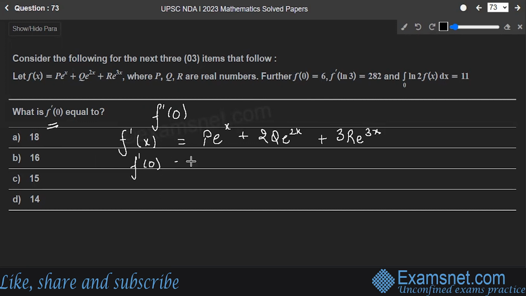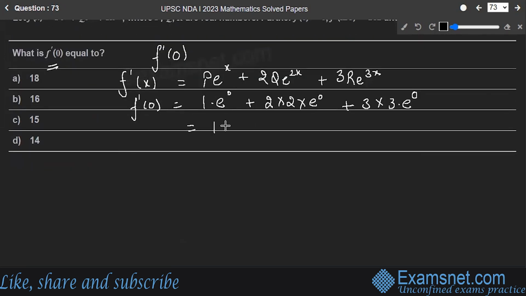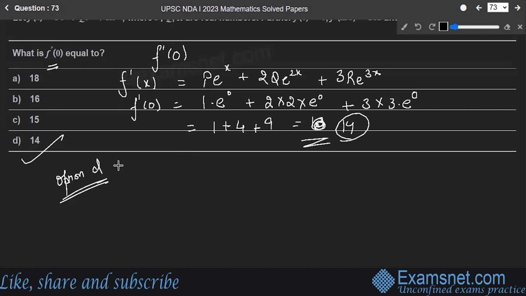So the value of p was 1 e raised to power 0, 2 into 2 into e raised to power 0, 3 into r was equal to 3 e raised to power 0. 1 plus 4 plus 9, it gives you 13. Sorry, it's 14. Right. So we have option D as the correct answer to this question. Hope you got this. Let's move to the next question.